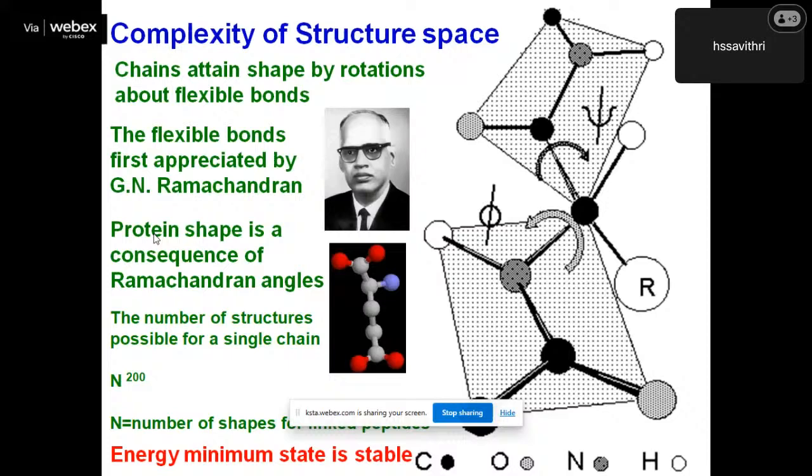How many shapes can it assume? That problem was first recognized by our own Professor G.N. Ramachandran, who is actually the founder of the department where I have worked all my life. He realized that there are two places for every linked amino acid.